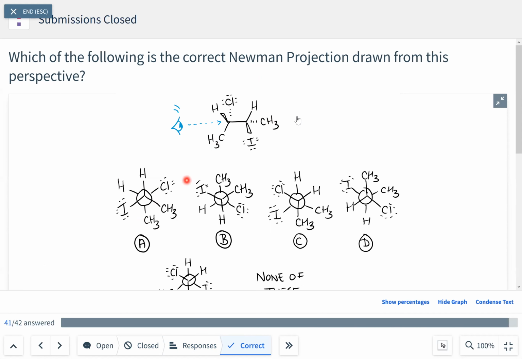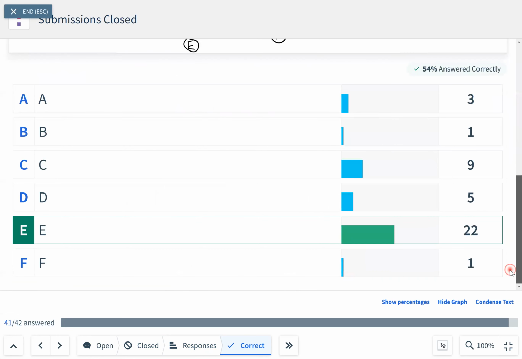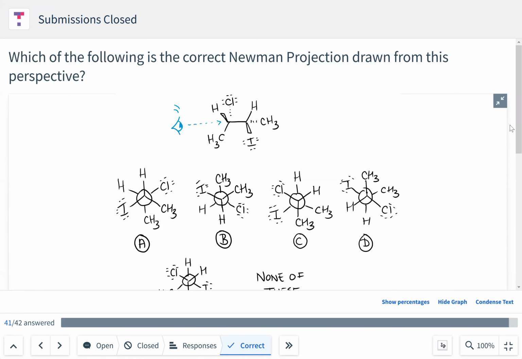Because you would have a proton pointing straight up on the front carbon, methyl on the right-hand side, proton up, methyl on the right-hand side, iodide on the left. Methyl straight down, chlorine on the right, H on the left. So A would be the conformation if you're looking at it from this direction. Anyway, that's good. Any questions on any of those?